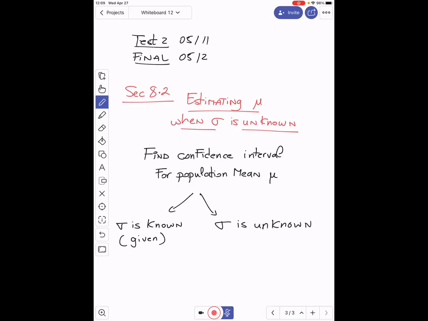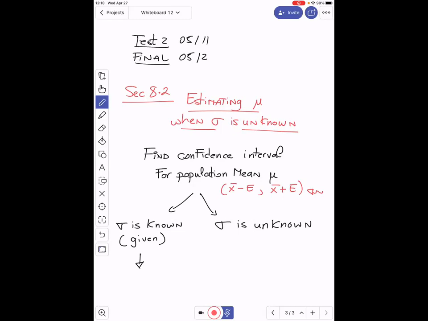When sigma is known, this confidence interval is of the form x bar, the sample mean, minus the margin of error E, and x bar plus E. Your population mean mu is supposed to belong to this interval.